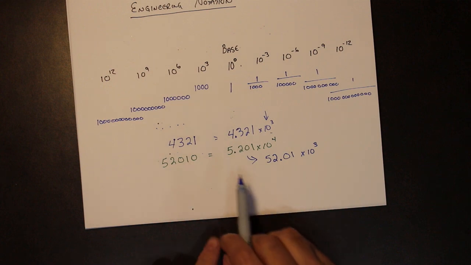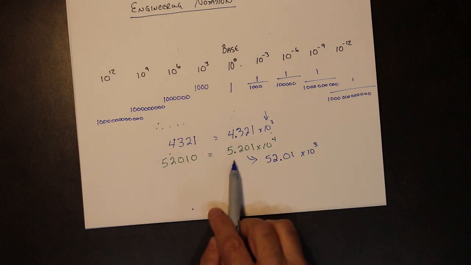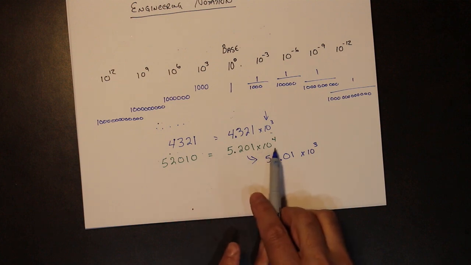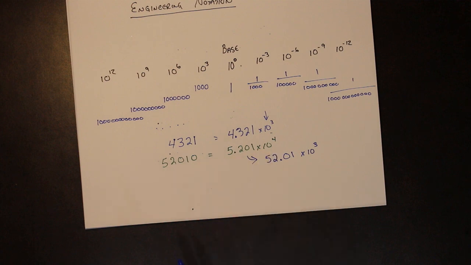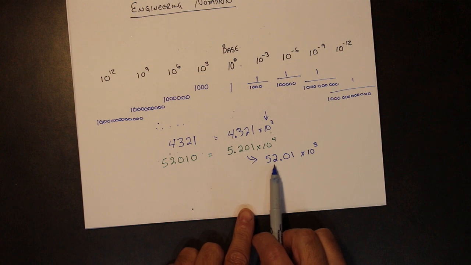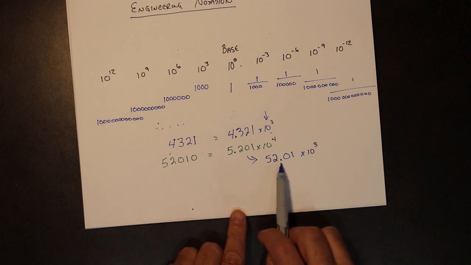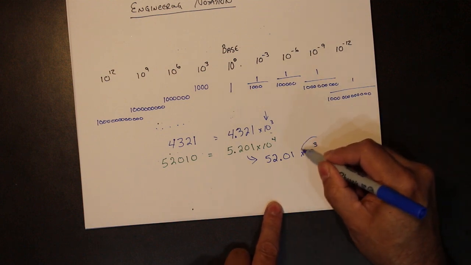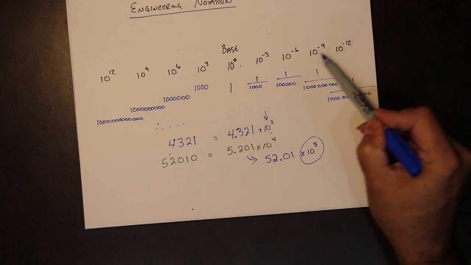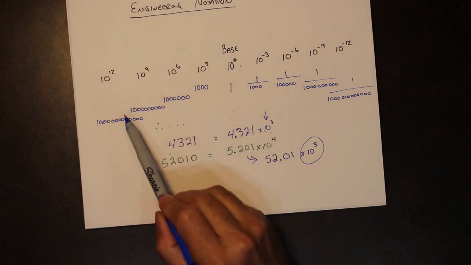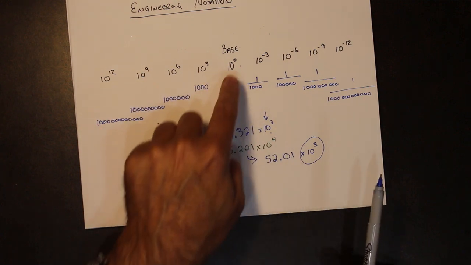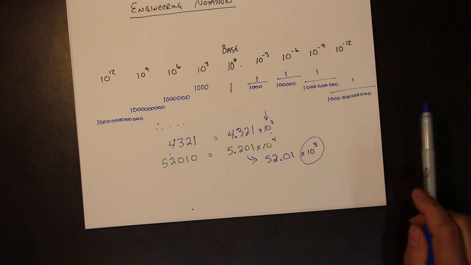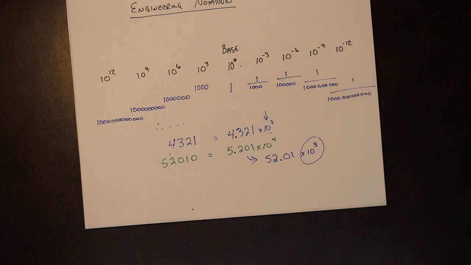Scientific notation, one digit before the decimal point and any power of 10. Engineering notation, we have any values we want before the decimal, but we must use a power of 10 that is one of these: 10 to the 12, 9, 6, 3, 10 to the 0, minus 3, minus 6, minus 9, and minus 12.